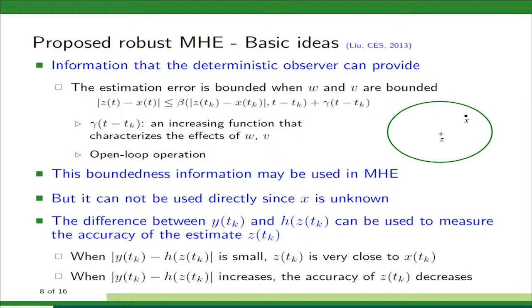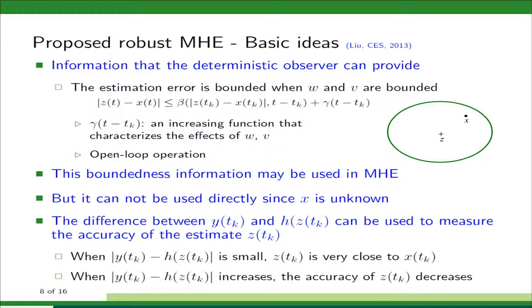If we look at this relationship, we find this boundedness information cannot be applied directly. Why? That's because it has dependency on x, the actual system state. But fortunately, we can use this bound indirectly, that is, to use the output measurement and the predicted output.